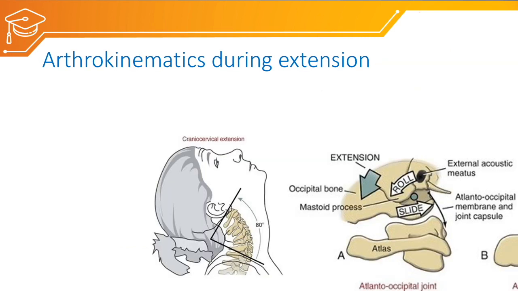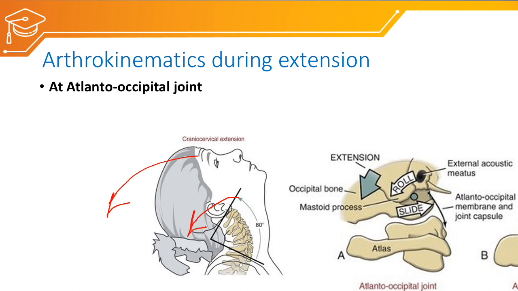So during extension at the atlanto-occipital joint, the head has to move posteriorly. That means the occipital condyle will roll posteriorly and the sliding will occur in the opposite direction. Why? Because the convex is moving on concave, therefore sliding will be in the opposite direction.